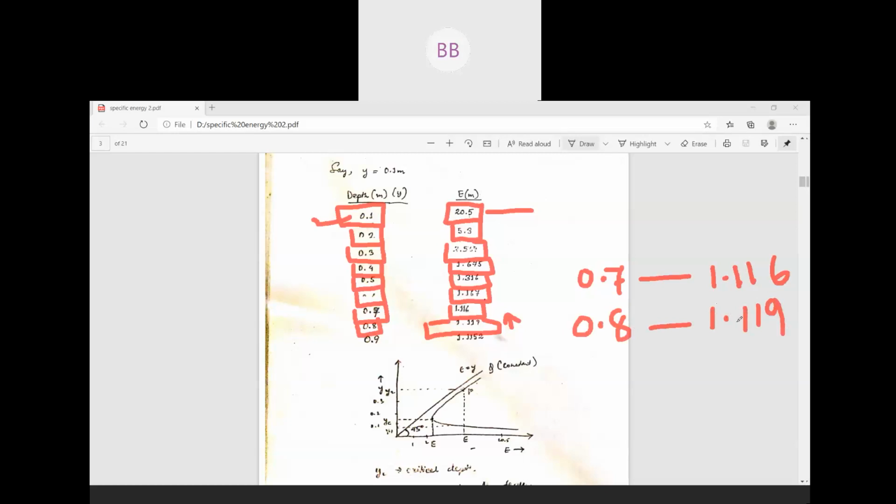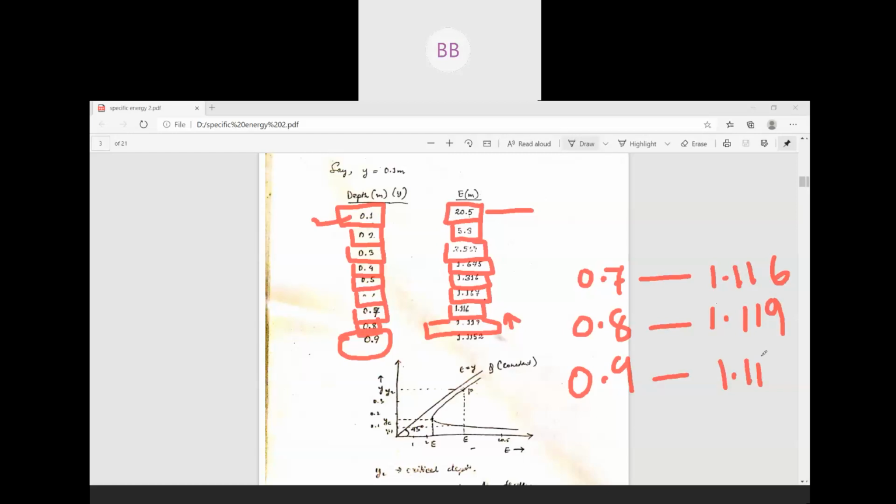That means it started increasing again. Then we increase the depth of flow to 0.9, and you can see it again increased to 1.1152.